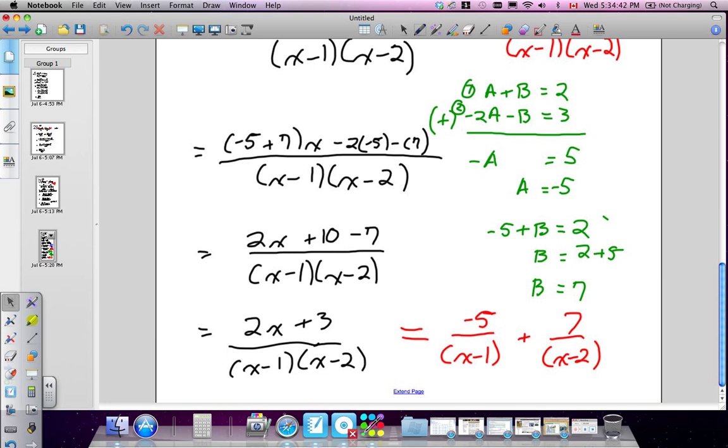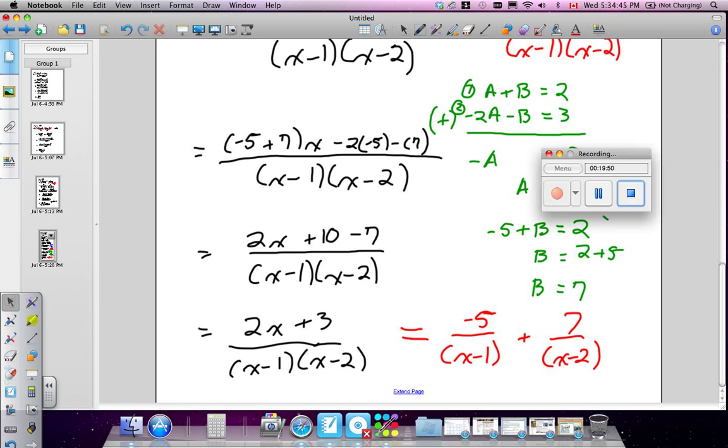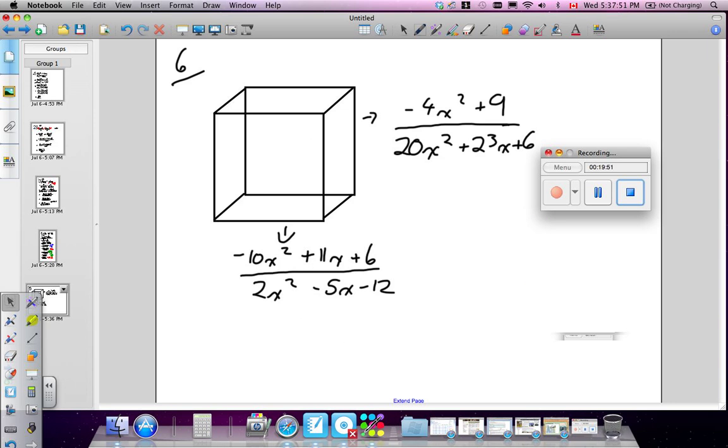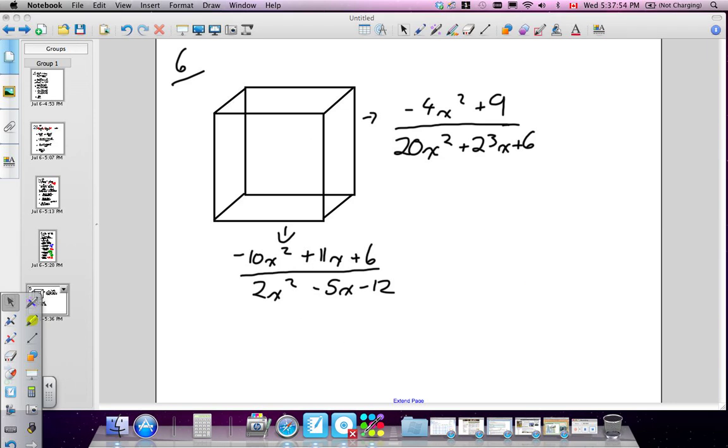Okay, so 6 says, find the simplest expression of the volume of the given prism. Now, a volume is your length times width times depth. Right now, we don't actually have a measurement for depth. We don't know what it is. There's a possibility that this is a cube, but in order to even get started on that, we're going to have to simplify these two expressions.